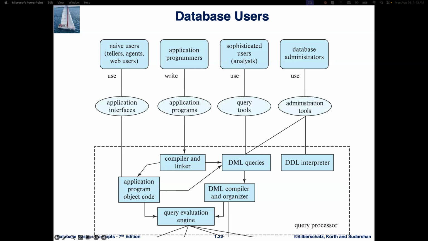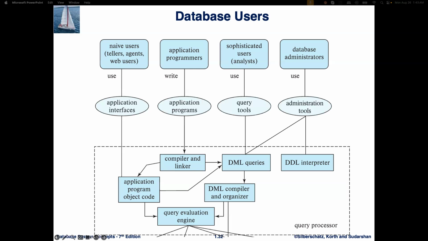Interaction with the query processor. The application interface is used by the naive users to interact with the database through a user-friendly interface. These interfaces send predefined queries to the database. Application programs are written by application programmers. These programs are compiled and linked into executable code that interacts with the databases.